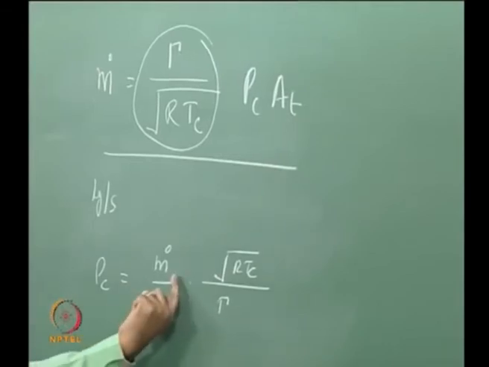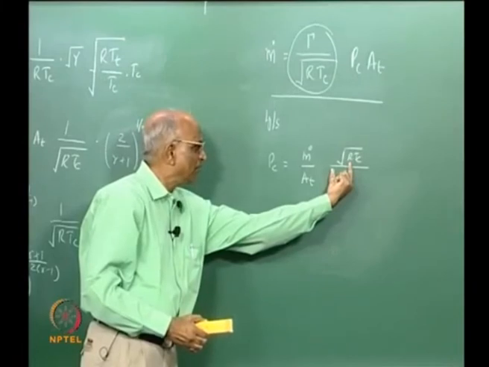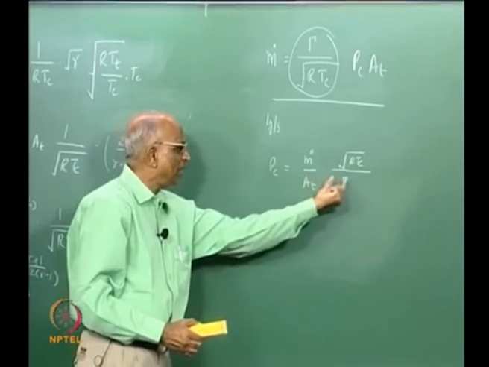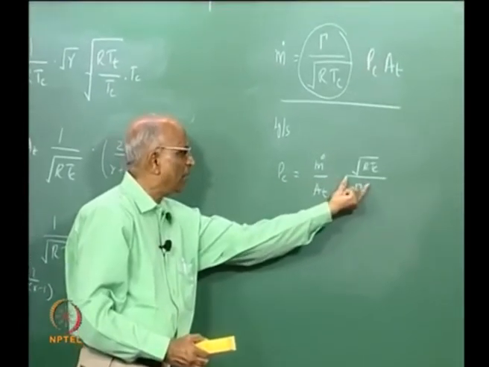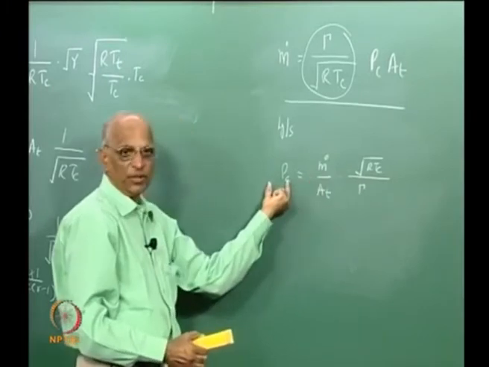For a given mass flux through the nozzle, this represents a transfer function which will give me the chamber pressure. That means under root RTC by gamma is a function which converts the mass flux into pressure.